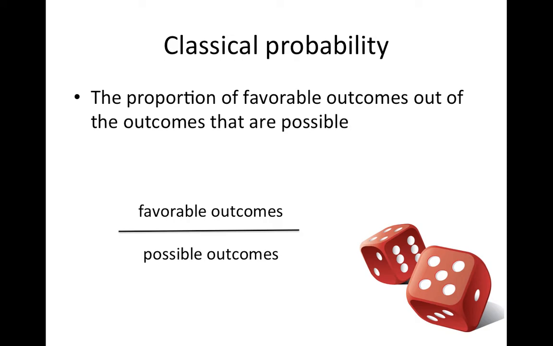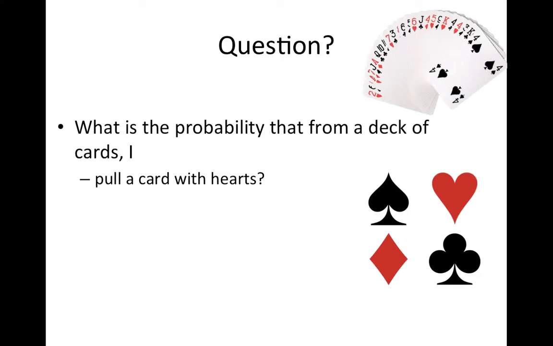In classical probability, the probability is the proportion of favorable outcomes out of the outcomes that are possible. So, some examples. What is the probability that from a deck of cards I would pull a card with hearts?